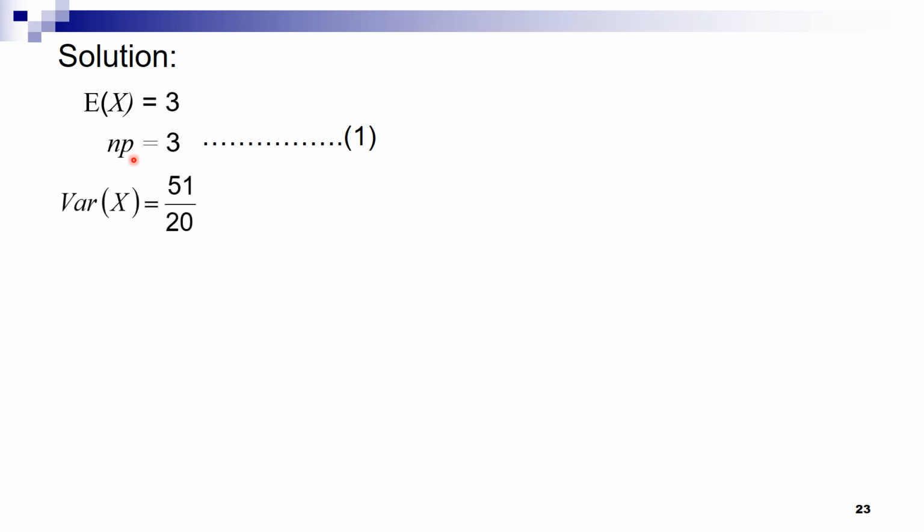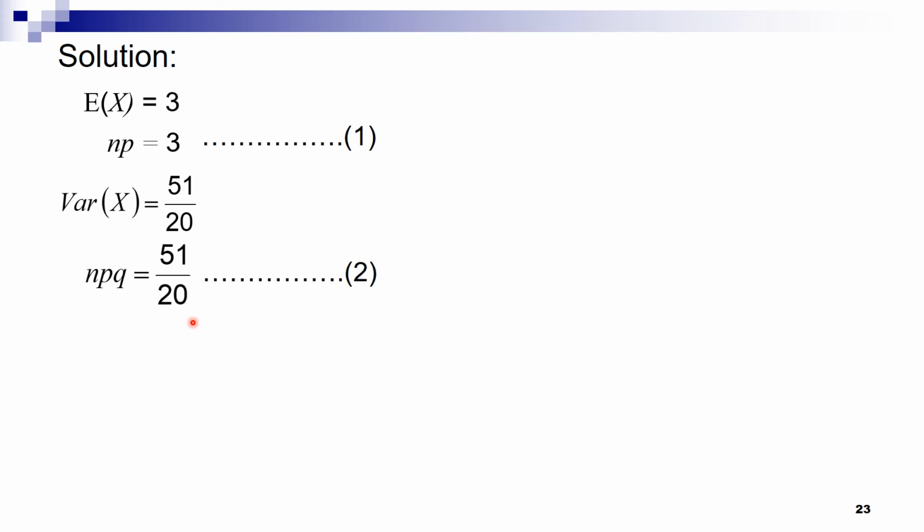You are given in the question that the mean of the random variable x is 3. So the mathematical expectation of x is 3, which is np equal 3. So this will be your first equation. And you're given that the variance of x is 51/20. So your npq is 51/20.